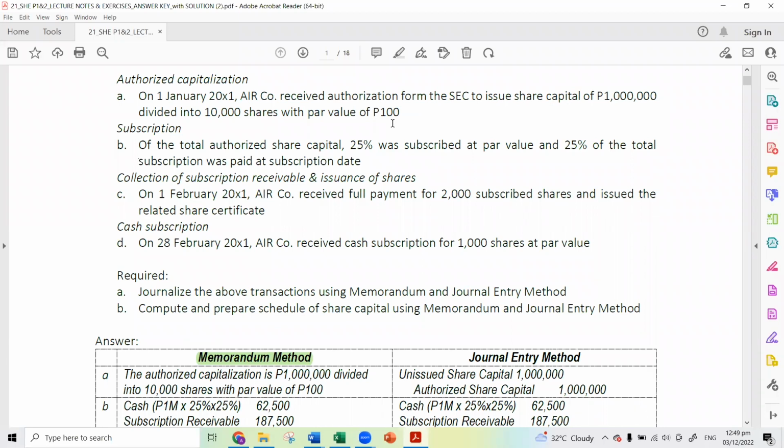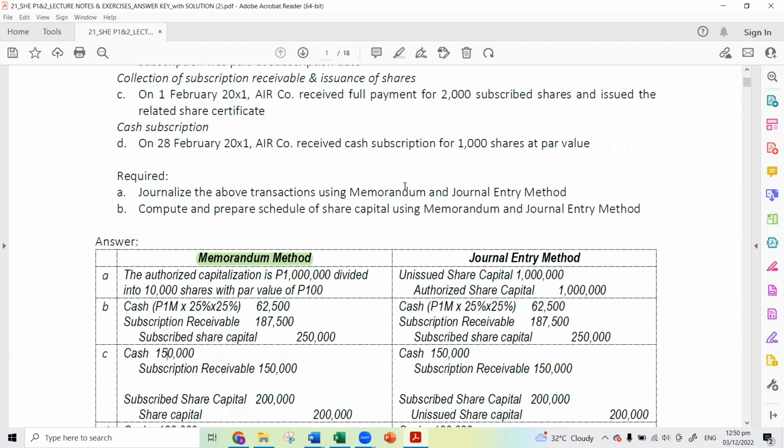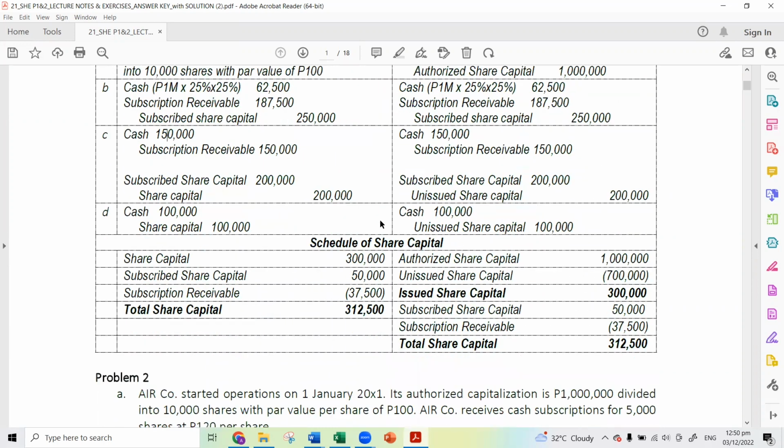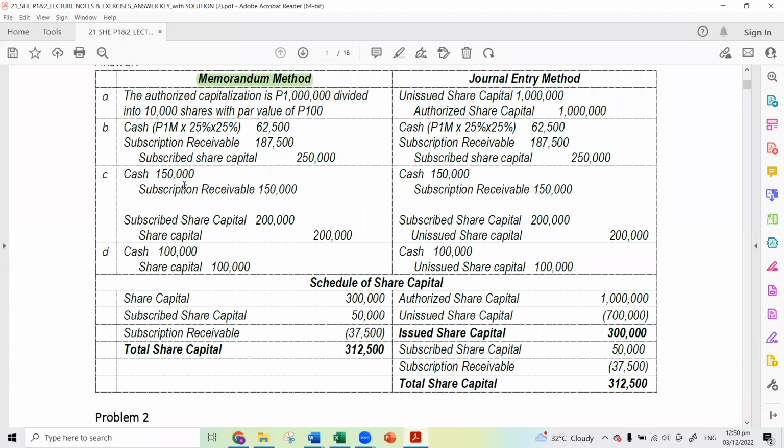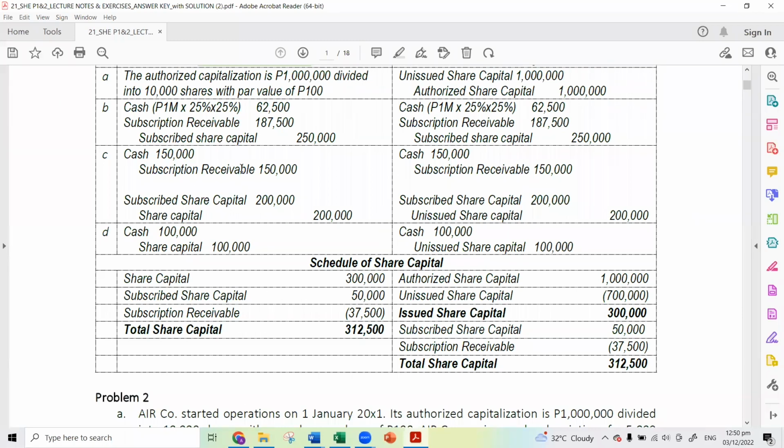And the portion already paid is 25%. So 25% of 200,000, that is 50,000. Therefore, the balance is only 150,000. So this is the balance collected here, okay? Amounting to 150,000.